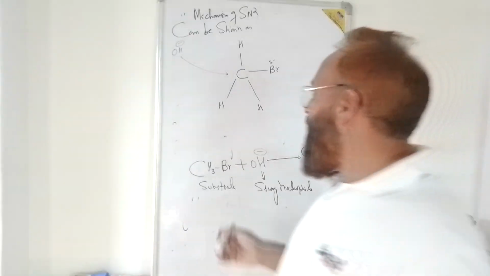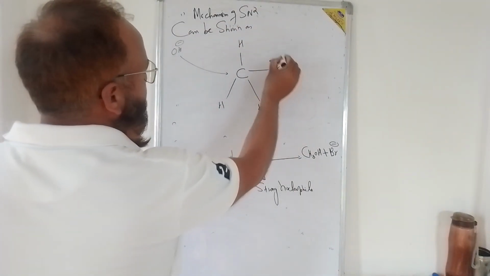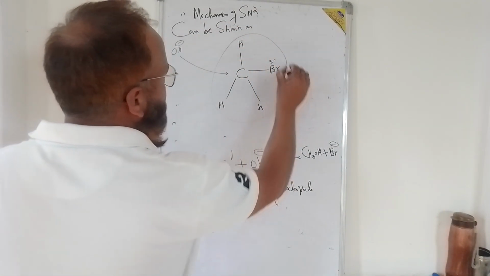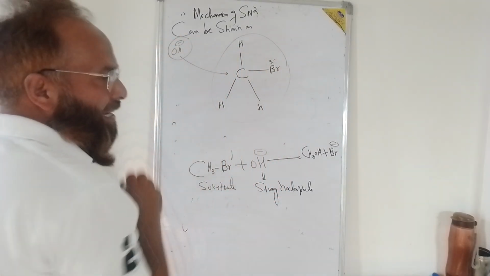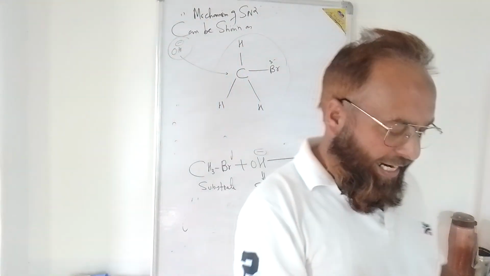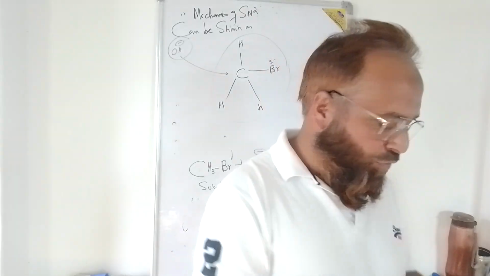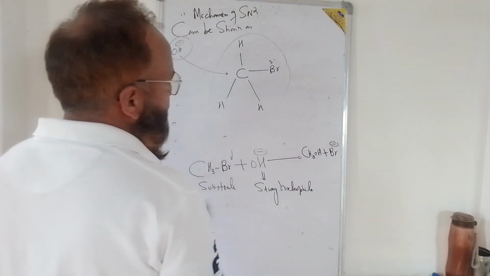So both CH3Br as well as OH simultaneously react with each other. A type of tension is formed. Now what type of tension is formed?